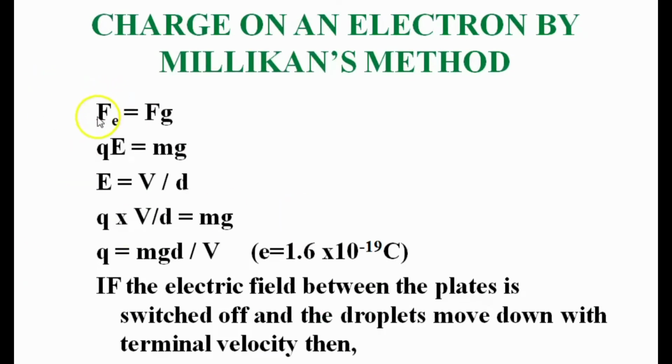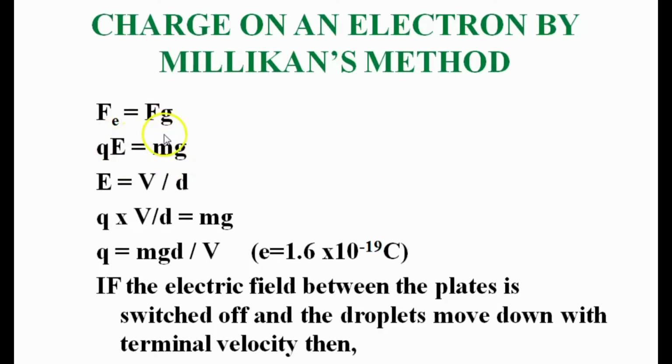Now we can write it as Fe, electrostatic force, which is equal to Fg, weight. We know that Fe, electrostatic force, is equal to QE, charge multiplied by intensity. E is equal to F upon Q, and F is equal to Q multiplied by E, which is equal to weight.